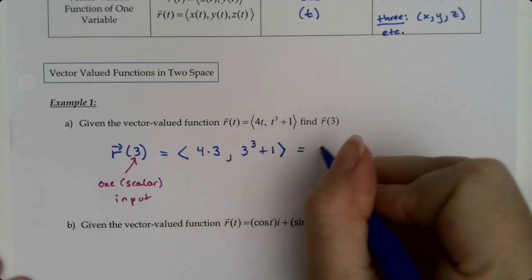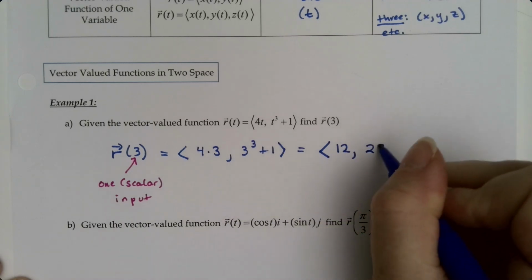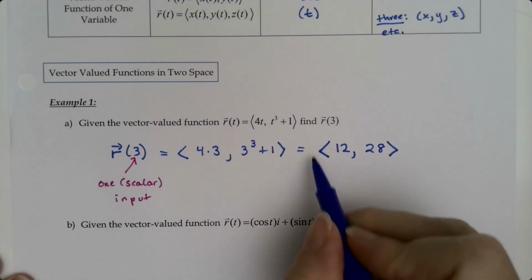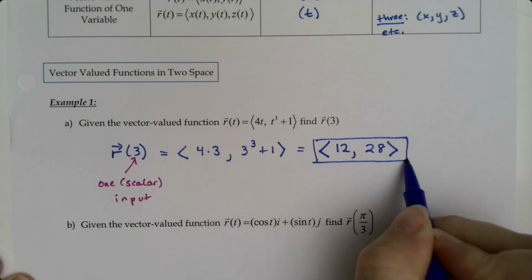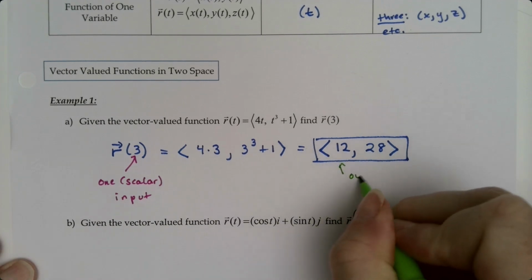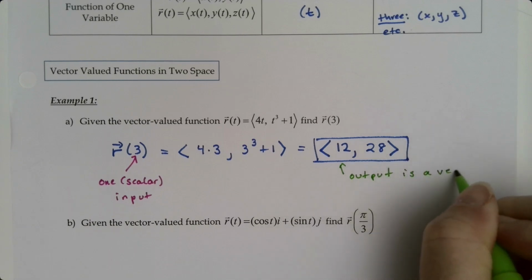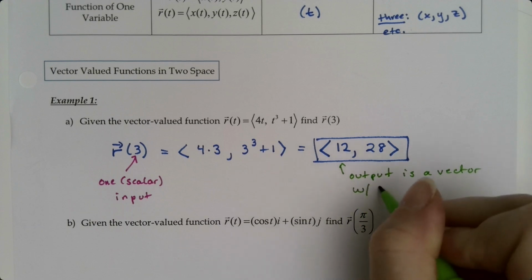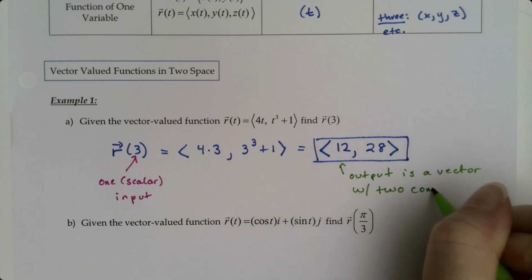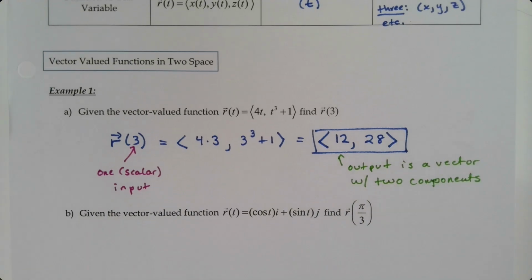So that would be 12, and that's 27 plus 1, so 28. There we go. So our output has 2 components, and it's a vector, right?